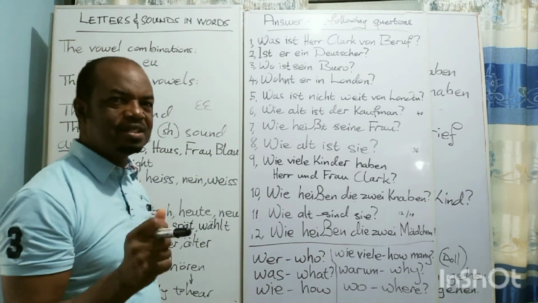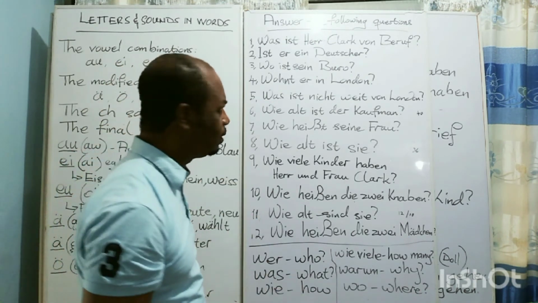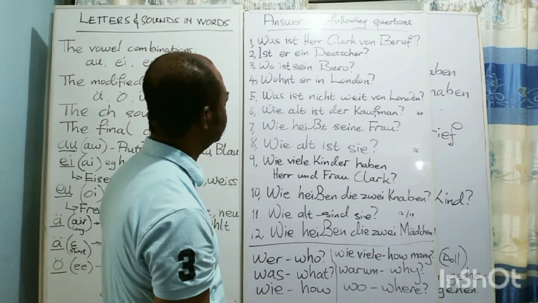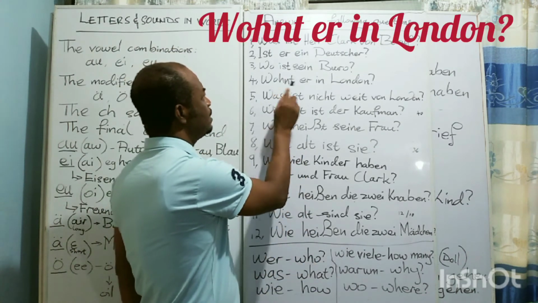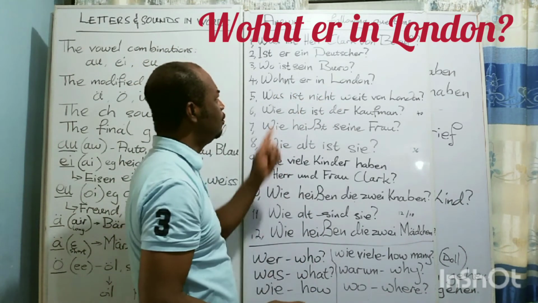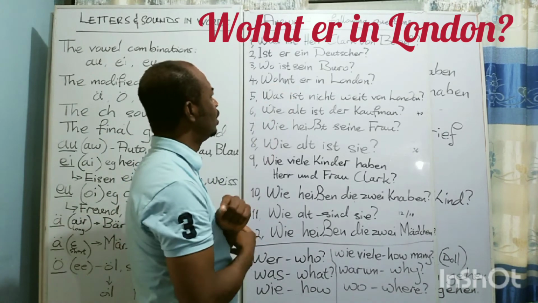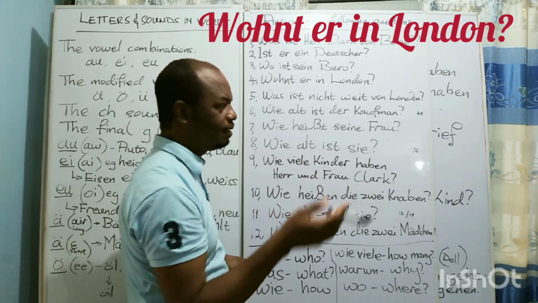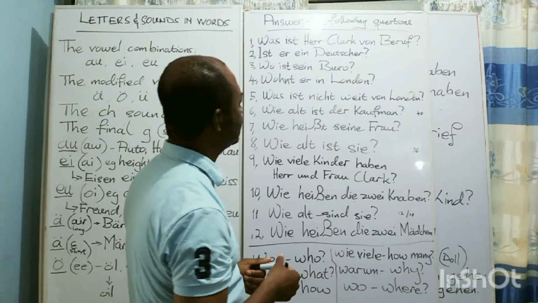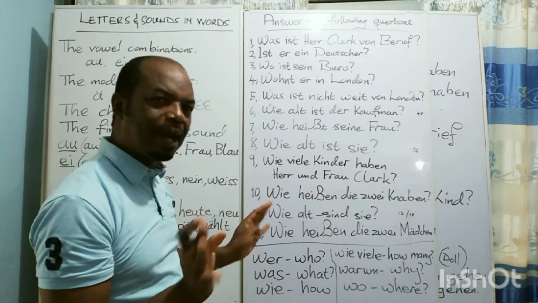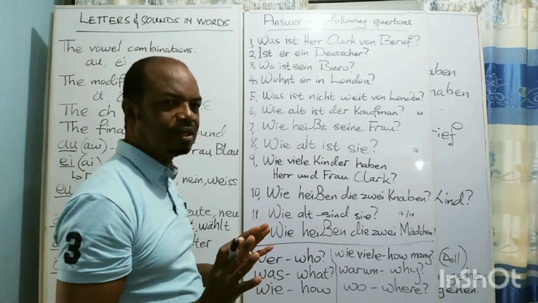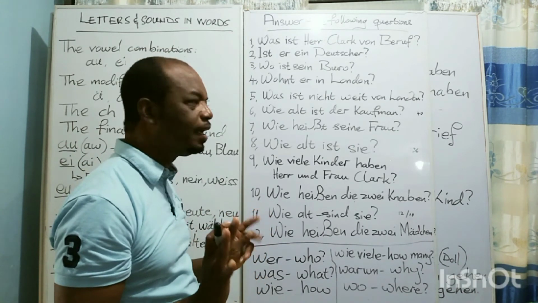Sein Büro ist nicht weit von London. Wohnt er in London? Wohnt means to live. Does he live in London? The answer is, er wohnt aber nicht in London. He doesn't live in London.